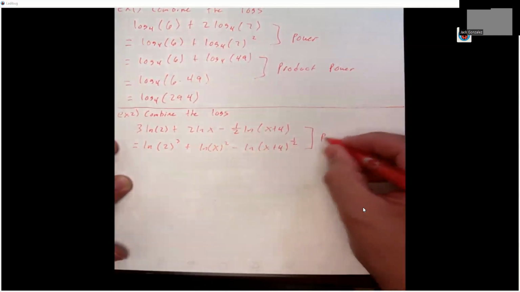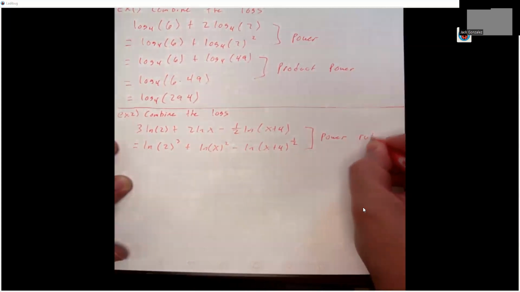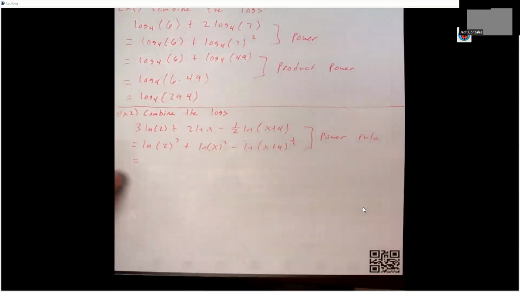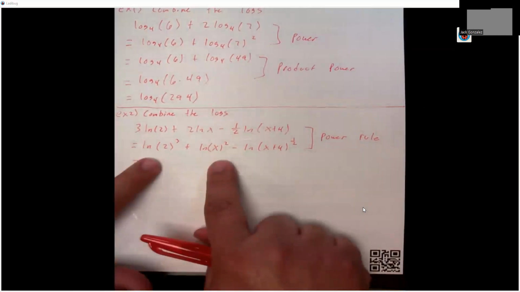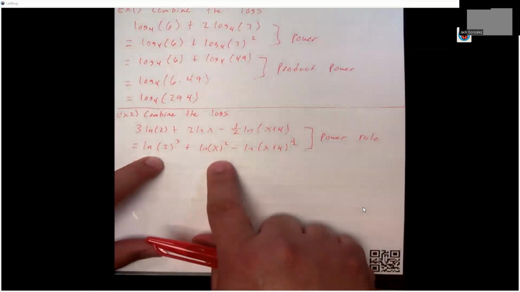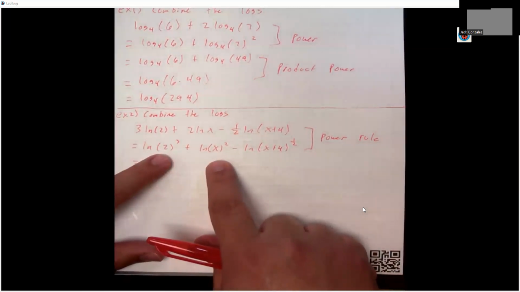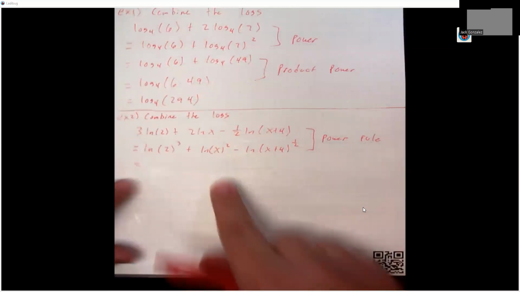That is the power rule, just like before. Okay, at that point, combine them 2 at a time to be safe. If you want to do all at once, that's on you. Just don't mess it up.